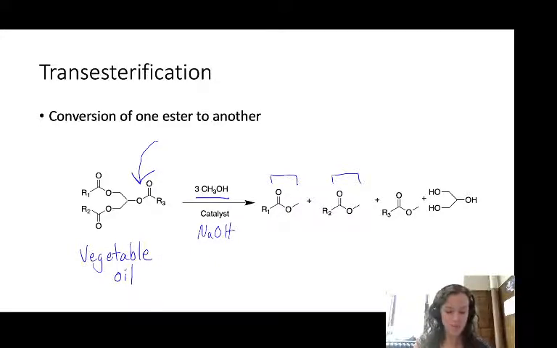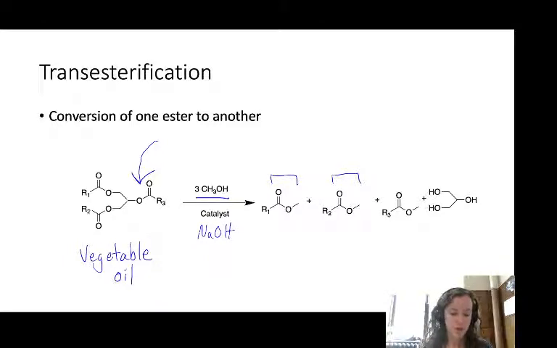Our starting reactant, the vegetable oil, is a triglyceride. If you eventually take biochemistry, you'll learn that this is one of the main forms of fat or lipid. Triglycerides definitely exist in the human body.